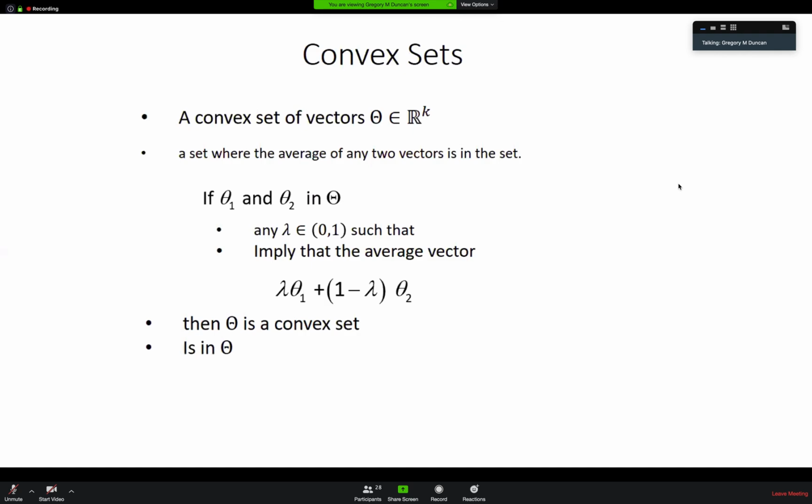Then theta is a convex set. So I got the things backwards here. I'll fix that again.